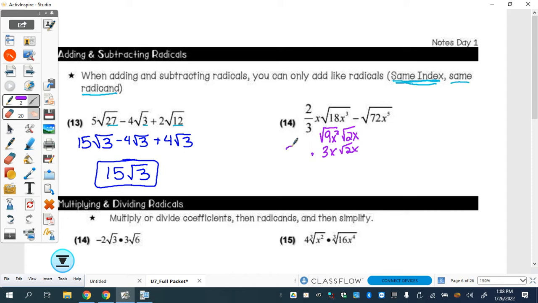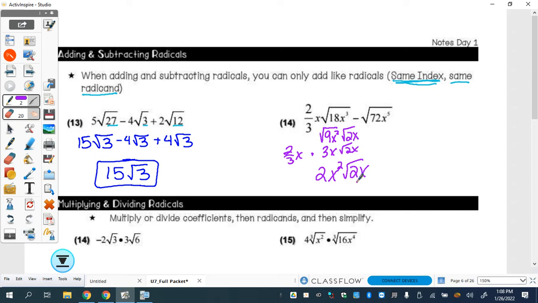But then it also has to be multiplied by that 2/3 x that was already in front of the radical. That didn't go away. It's still there. So 2/3 times 3 is 2. X times x. So 2x squared radical 2.